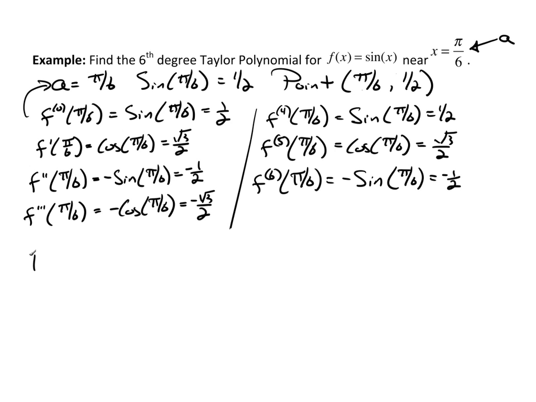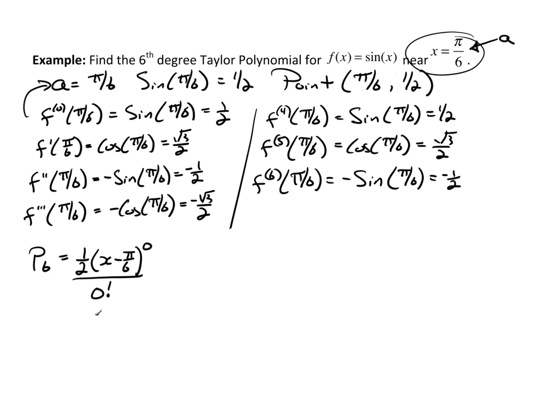And I'm going to say that P6, my 6th degree polynomial approximation for sine of x near x equals pi over 6, or a equals pi over 6, is going to be my point, 1/2. Now notice that this is actually 1/2 times (x minus pi over 6) to the 0 over 0 factorial.